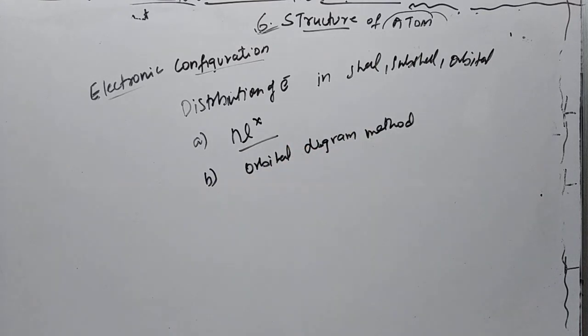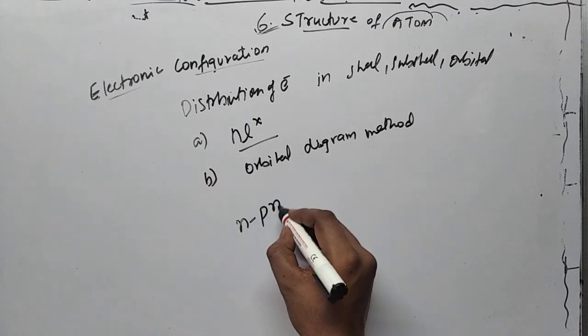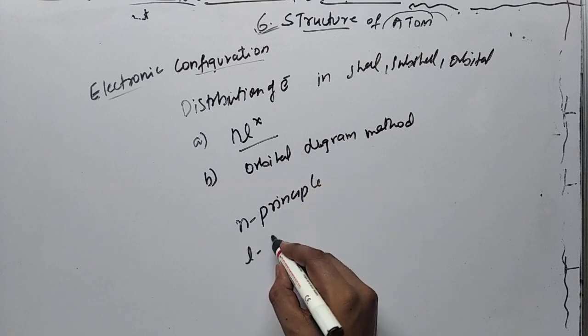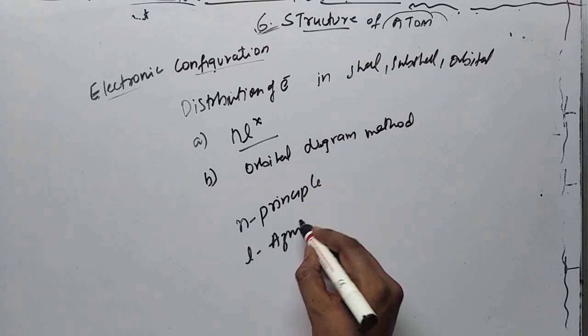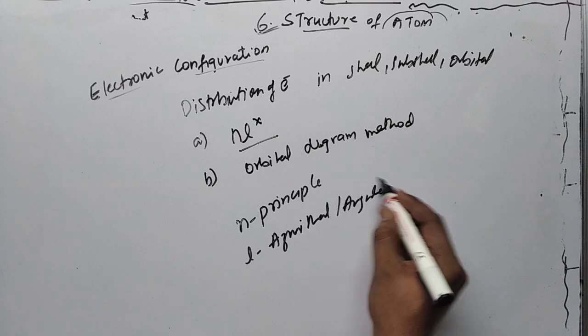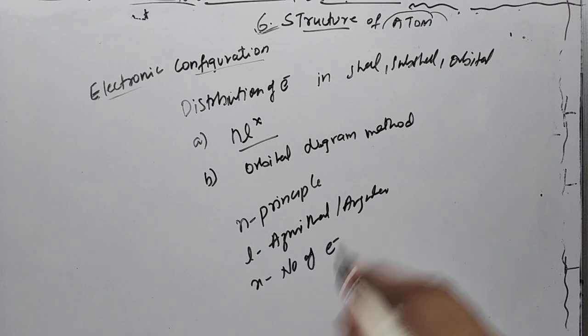In the nlx method, to arrange the electrons, n stands for the principal quantum number, l stands for the azimuthal or angular momentum quantum number, and x is the number of electrons.